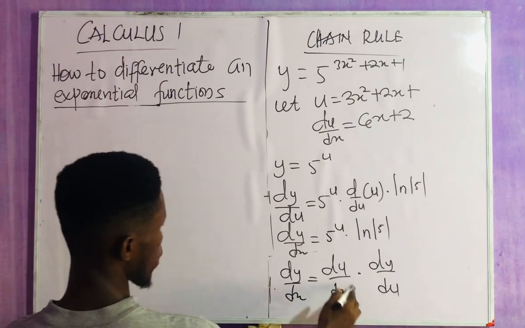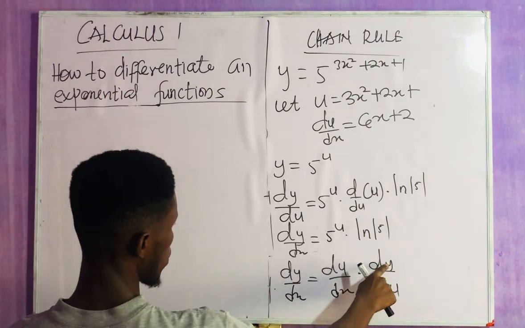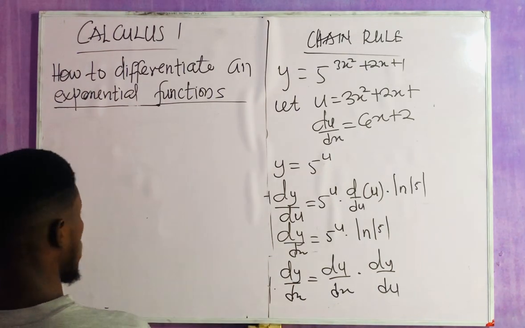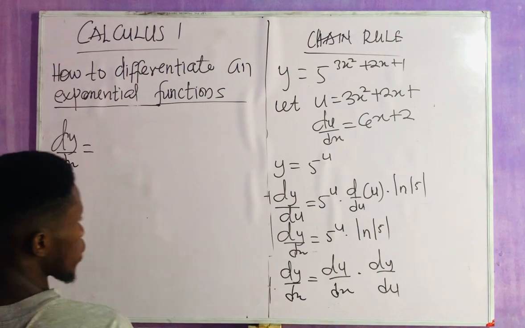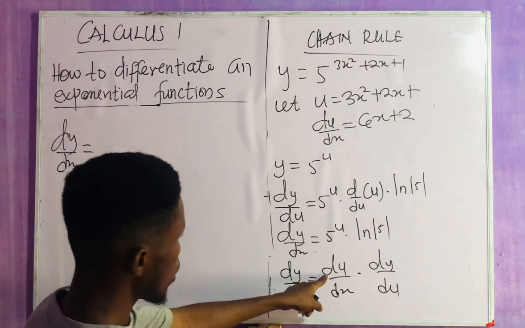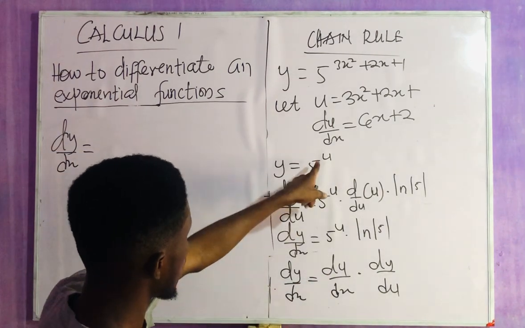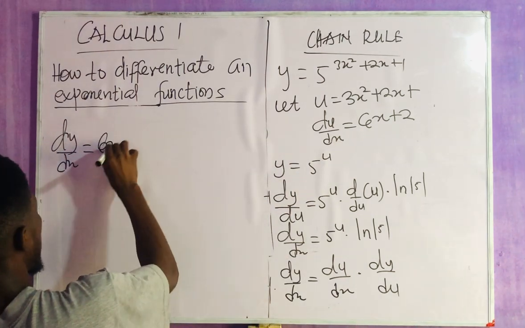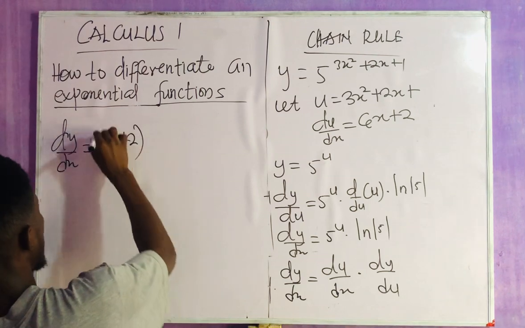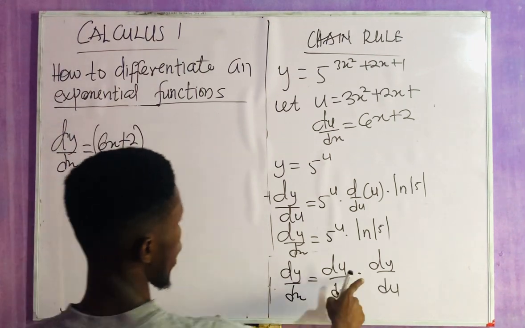Now you can see that the du and the du will cancel to leave dy over dx, which is here. So now let's continue. So our dy dx, du dx, we have 6x plus 2 multiplying dy du.